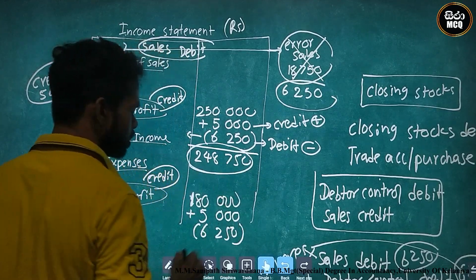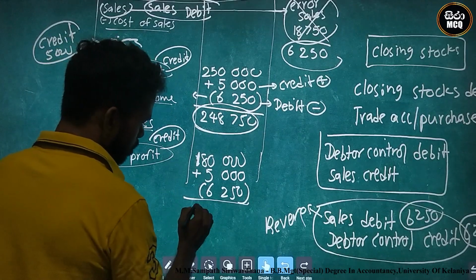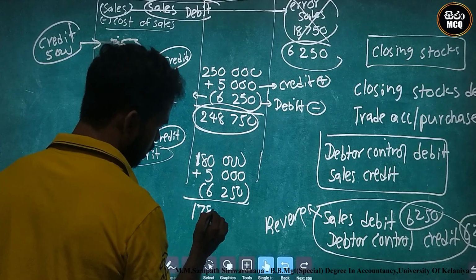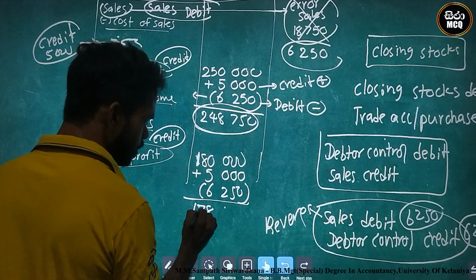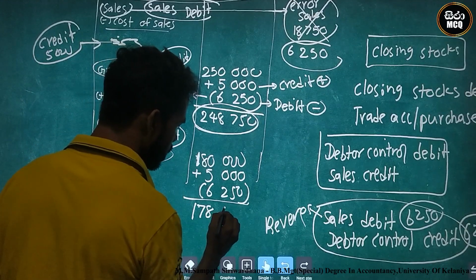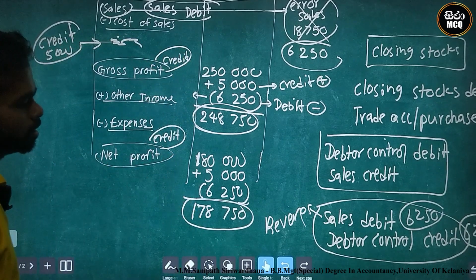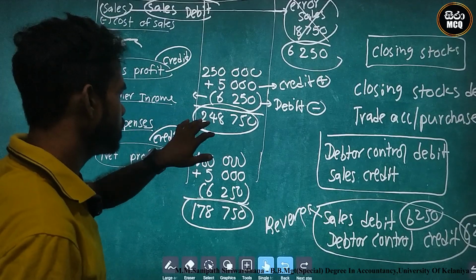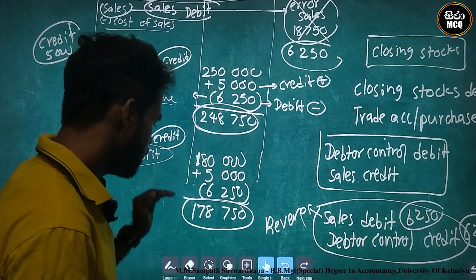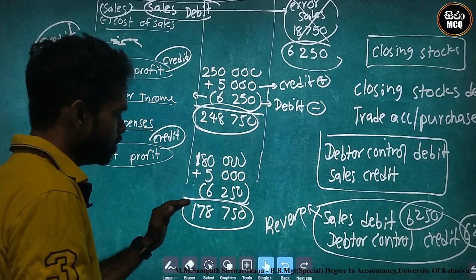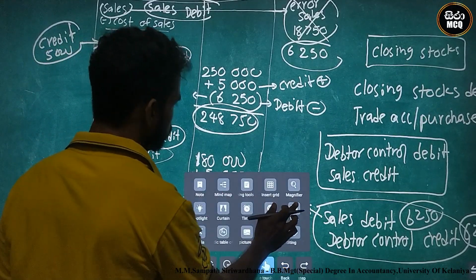This is the correct gross profit, and correct net profit should be 178,750. This is the answer of this. The correct gross profit is 248,750, and correct net profit was 178,750.